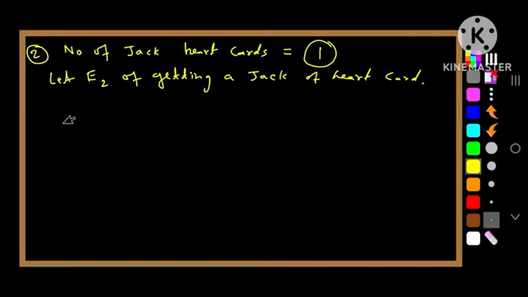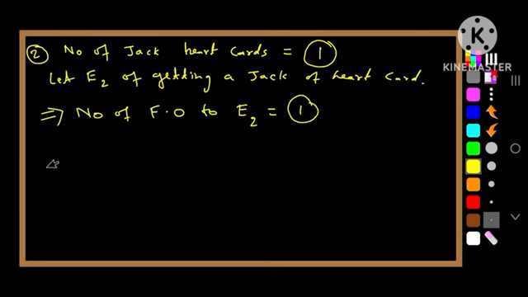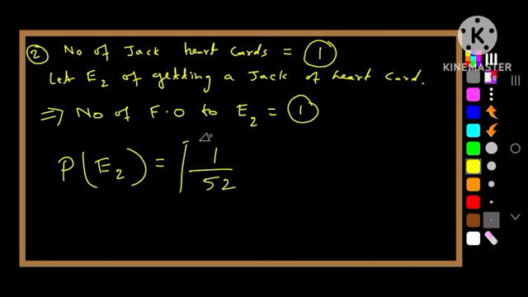So according to the formula, the number of favorable outcomes to E2 is nothing but only one favorable outcome. So the probability of getting E2 is given by 1 by 52. So this is the probability of getting the jack of hearts card.